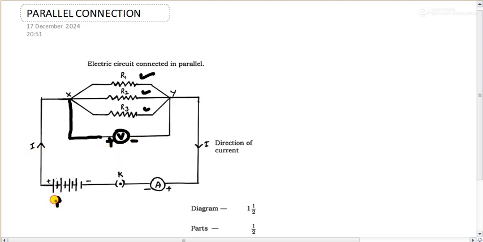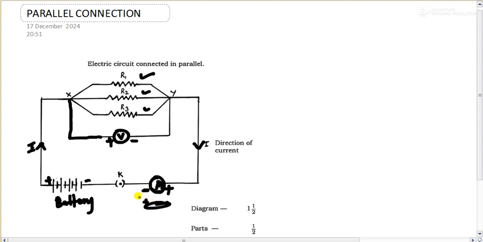This is the battery. The plus and minus terminals are very important, and the sign of current, that is I, refers to current. Then you have the ammeter. It will always be connected in series, and the direction is very important. Don't write plus and minus here; it's minus and plus.